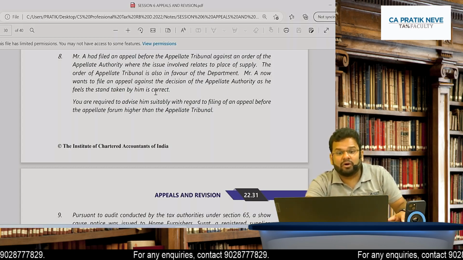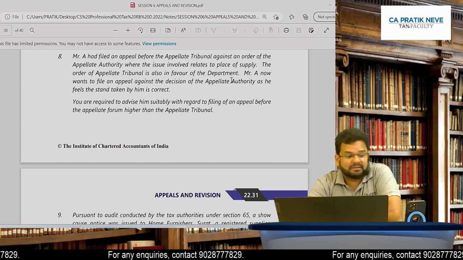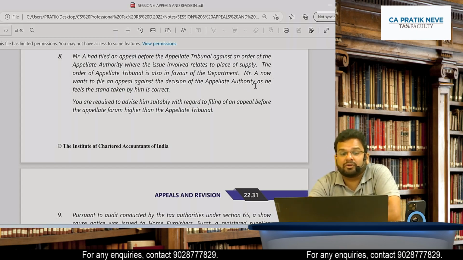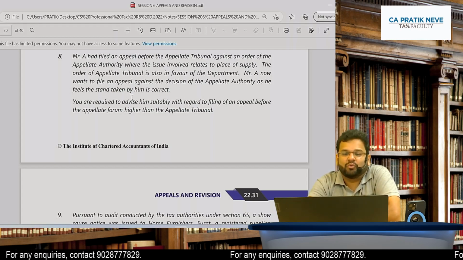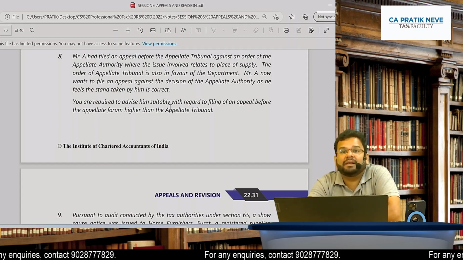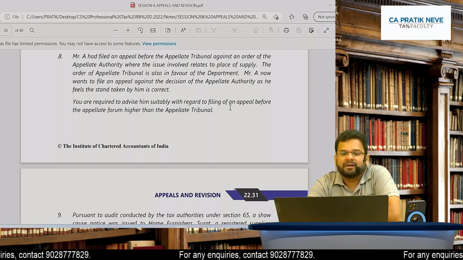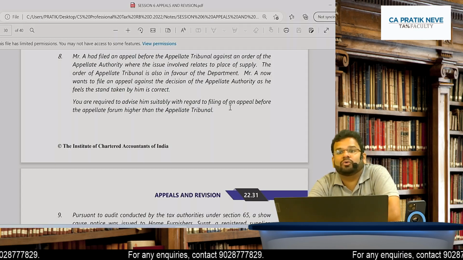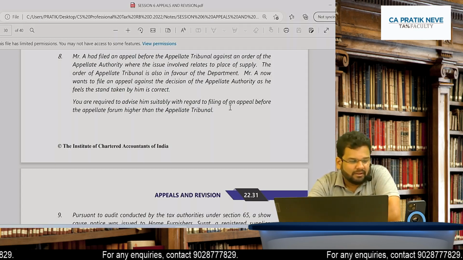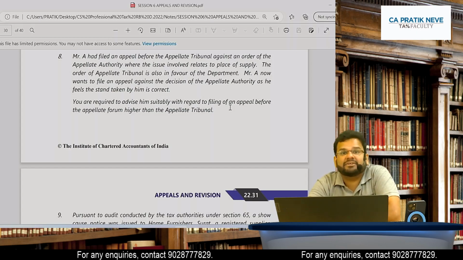Mr. A now wants to file an appeal against the decision of the appellate authority as he feels the stand taken by him is correct. So with whom will the appeal lie? Okay, usually it would have gone to the High Court, but this is a matter of place of supply.